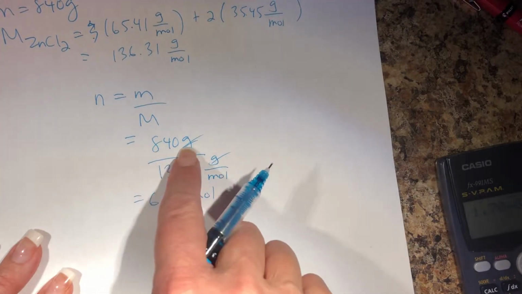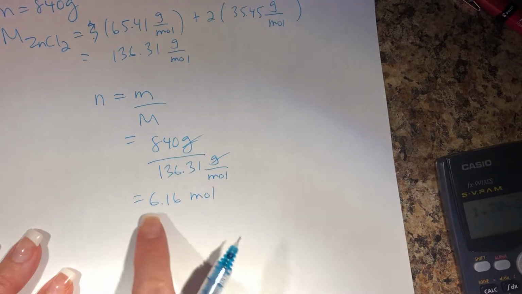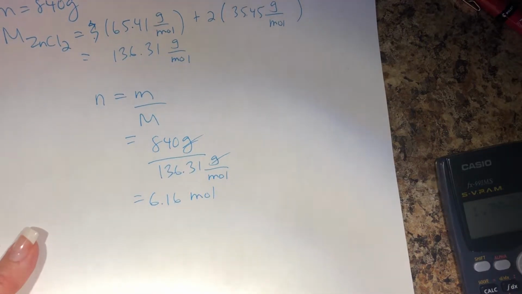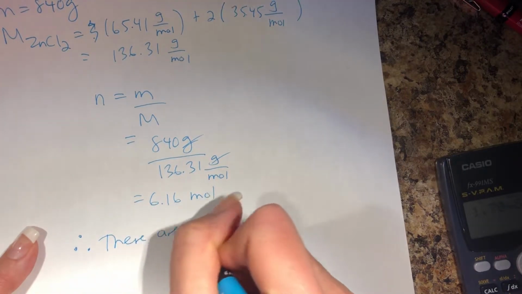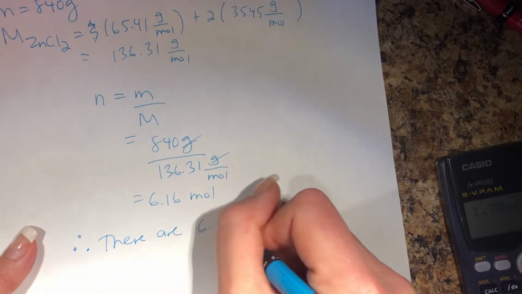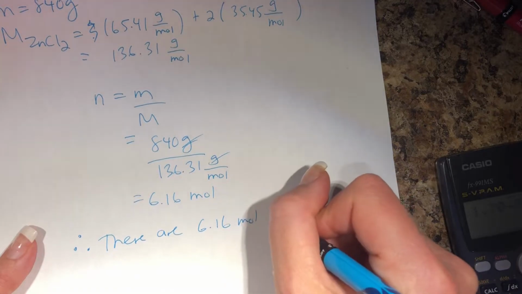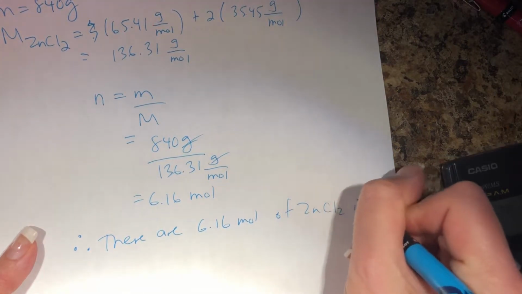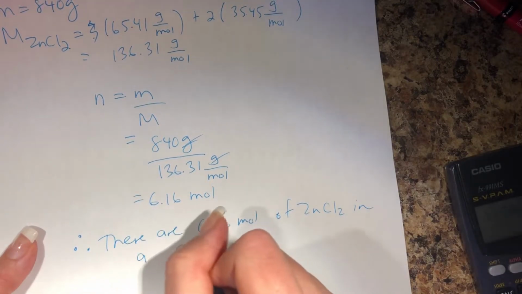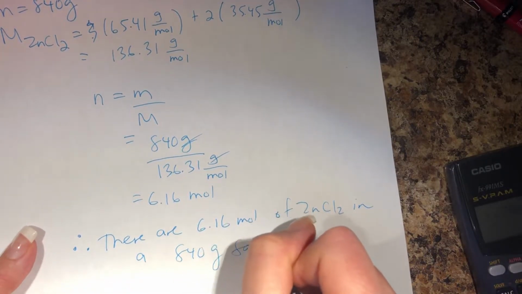Well, we had 3 in the question, so we have 3 in our answer. So therefore, there are 6.16 moles of zinc chloride in a 840 gram sample.